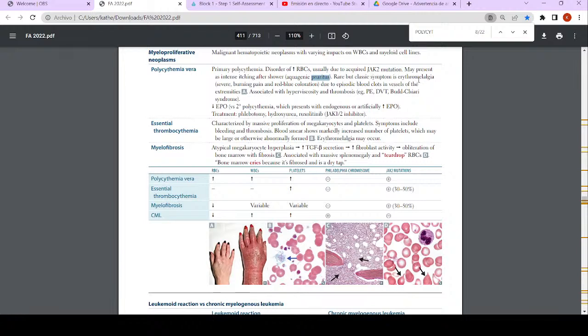Rare but classic symptoms are erythromelalgia, severe burning pain and red-blue discoloration due to episodic blood clots in the vessels of the extremities, associated with hyperviscosity and thrombosis. Less EPO, versus secondary polycythemia, which presents with endogenous or artificially rising EPO. Treatment: phlebotomy, hydroxyurea, ruxolitinib, a JAK1/2 inhibitor.